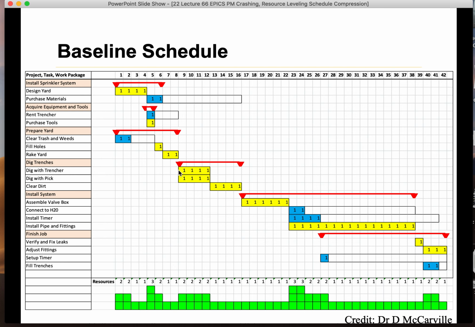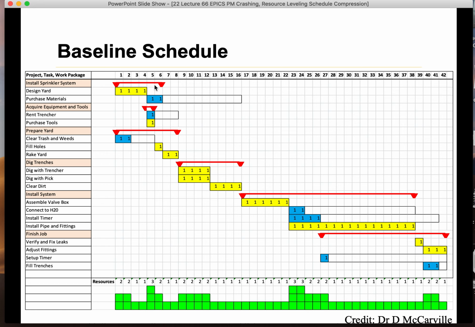So before starting to dig with the trencher, I can rent it anytime. So I can rent it on the 6th, 7th, or 8th day, but I cannot rent it after the 8th day because digging with the trencher starts at day 9. Got the point? So that's how I come up with this.